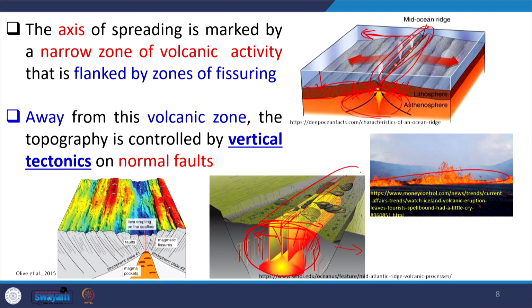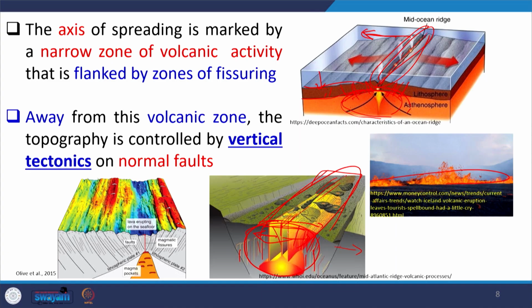This 50 kilometer width, where magmatic material is being added to the older lithospheric system, is called the crestal accretion zone, or the plate boundary zone.